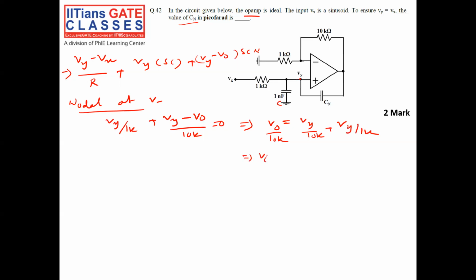So this implies V0 is equal to 11 Vy, right?